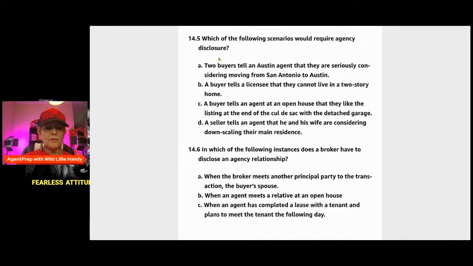A buyer tells an agent at an open house that they like the listing at the end of the cul-de-sac with the detached garage. So that buyer is specifying they're having a substantial conversation about a particular property, right? Substantial conversation is when they're getting into a little bit more detailed discussion, and they're specifying a particular property, then that would require agency disclosure.